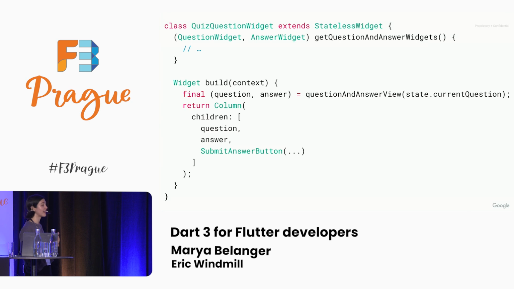So on the caller side, records can be destructured, again, using a record pattern in a variable pattern. So this is calling the question and answer view function, and then right in the function call, pulling out the values of the question and answer properties and creating new variables that are in scope locally.